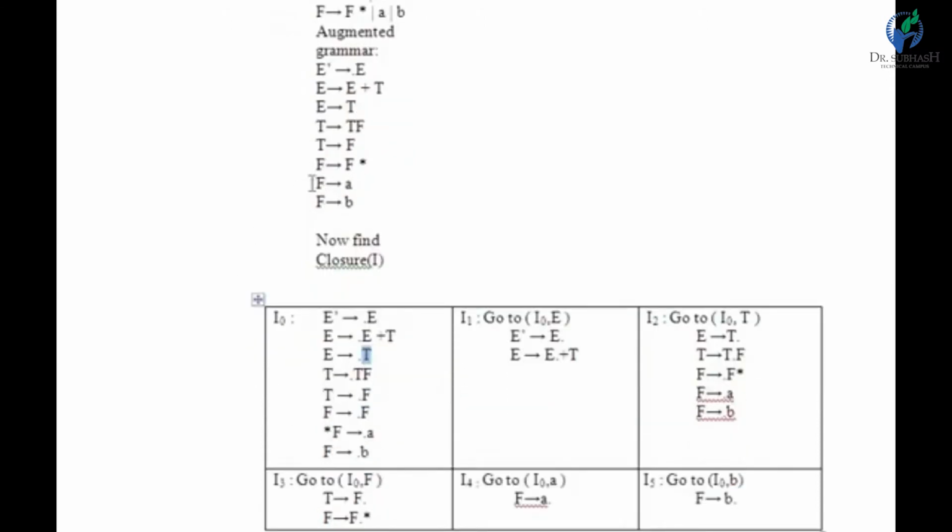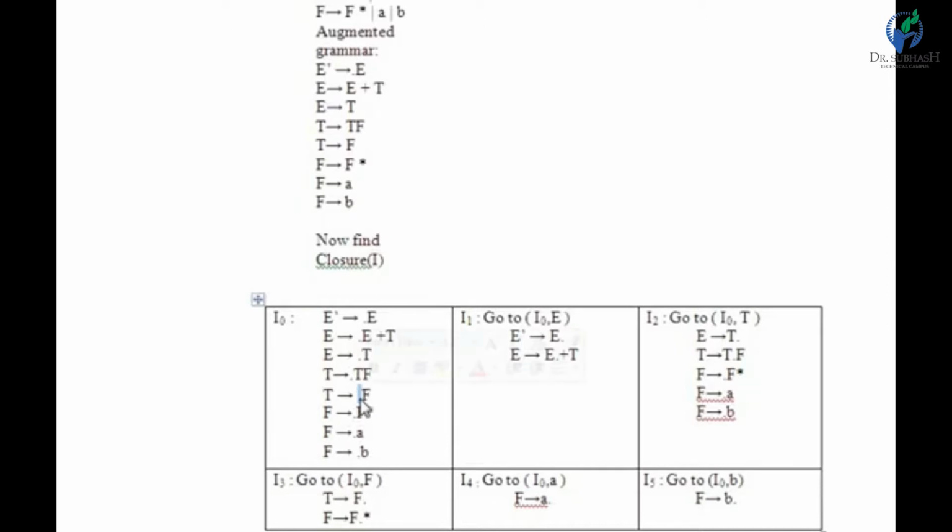It produces other productions like T gives T star F and T gives F. So write these productions and put dot before each. Now T gives dot F. F is a non-terminal which produces other productions, so consider those: F gives dot F star, F gives dot A and F gives dot B.